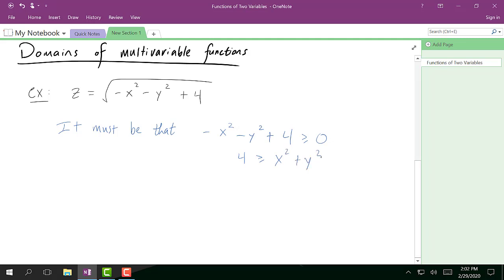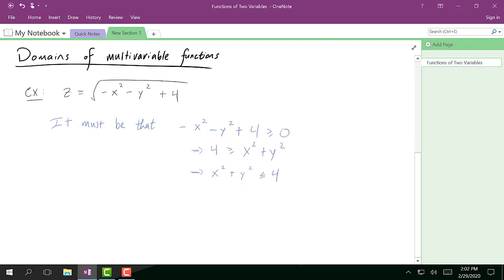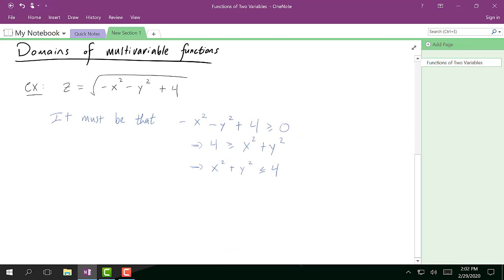Now I like to have the variables on the left-hand side. And so what we'll do is say that this is the same as x squared plus y squared is less than or equal to 4. Right? And we hopefully know what this looks like. We're going to be somewhere in the xy plane. If we look at x squared plus y squared equals 4, what we get is a circle centered at the origin of radius 2.